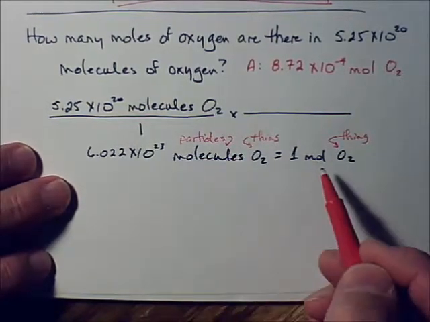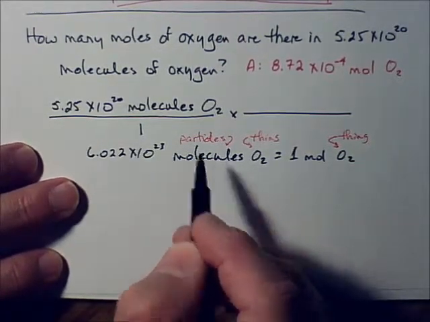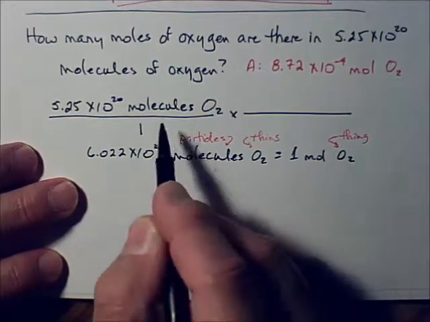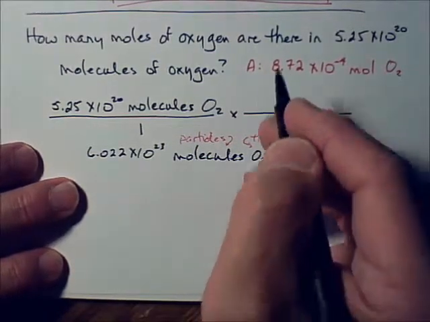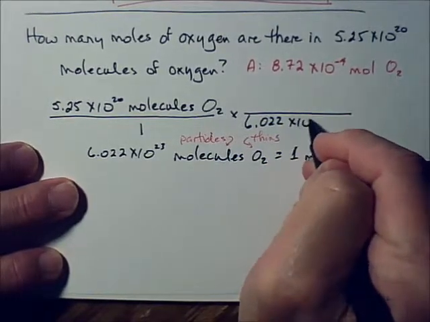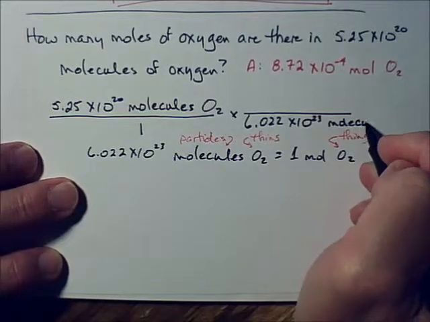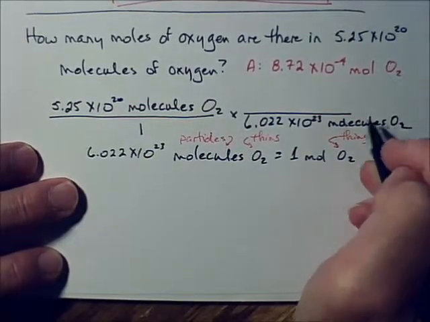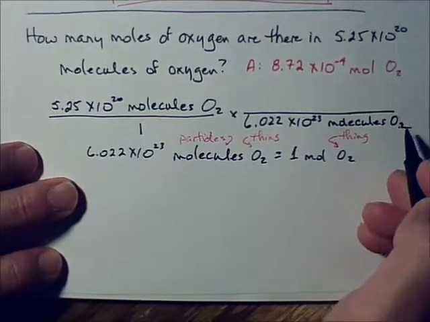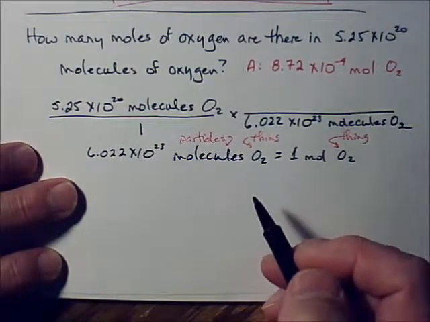Alright, so which side of this is going to go on the bottom? This side with the molecules, I want to be able to cancel molecules, so I want this side on the bottom. And what goes on the top?